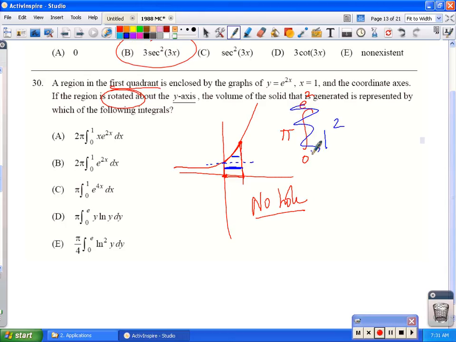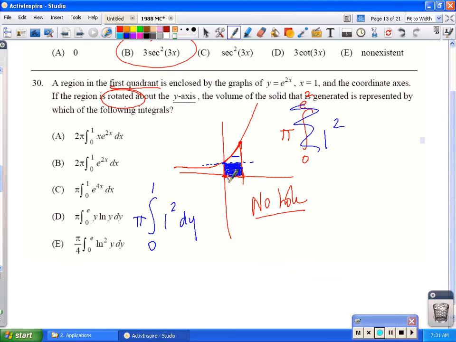They would not ask you this on the AP test, but I still want to explain it to you. The first region that we're looking at goes from 0 to 1, pi out front, and the radius is 1 squared dy. So what that takes care of is this region right here.